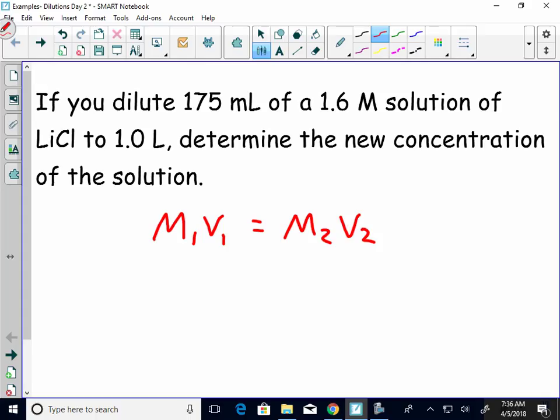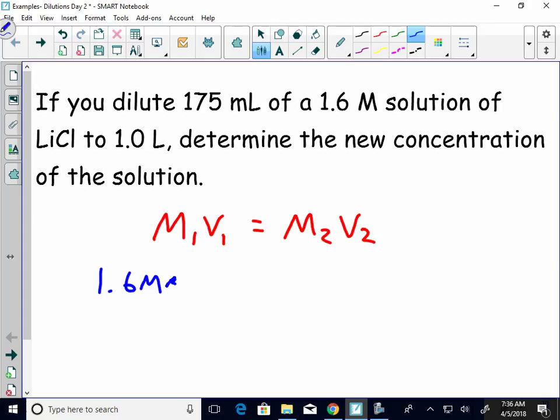Now, it says if you dilute 175 milliliters of a 1.6 molar solution of lithium chloride to 1 liter, determine the new concentration of the solution. M1V1. My M1 is my initial molarity, and that is a 1.6 molar solution.